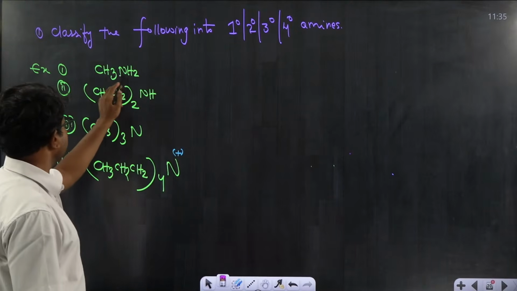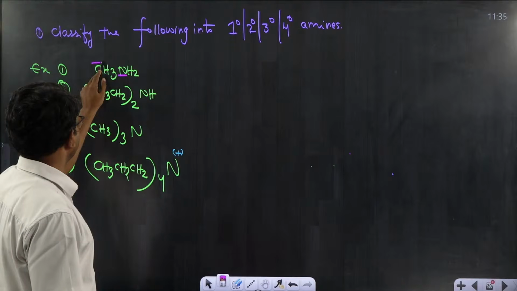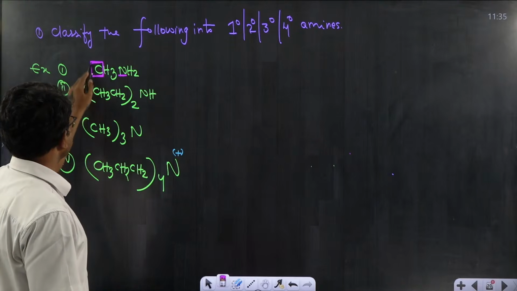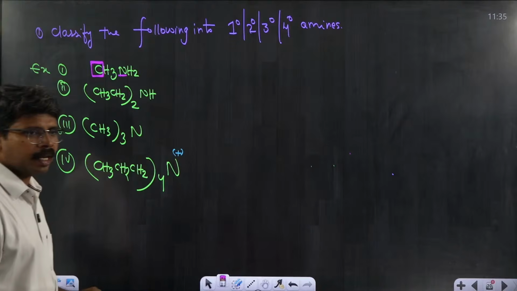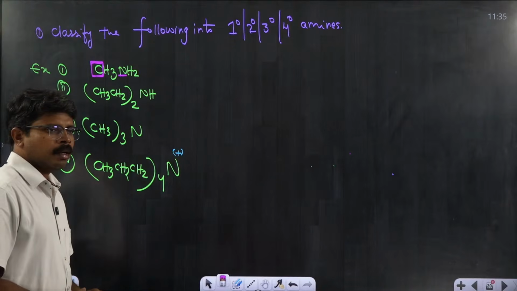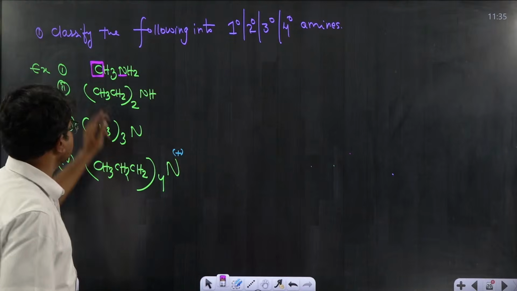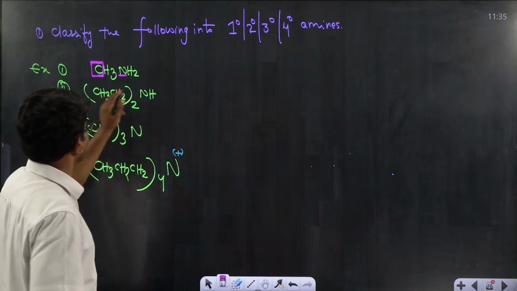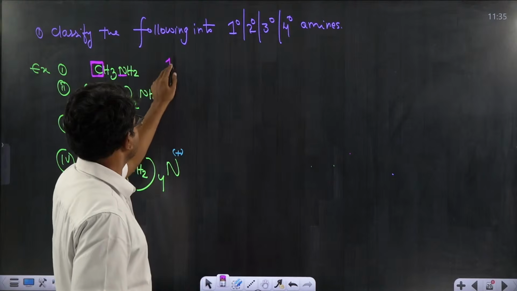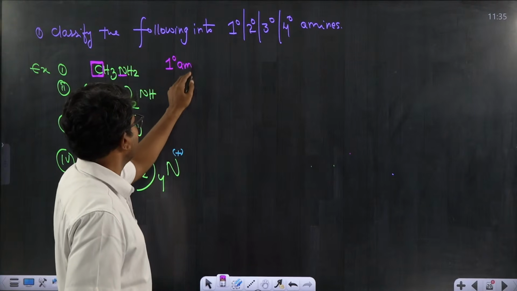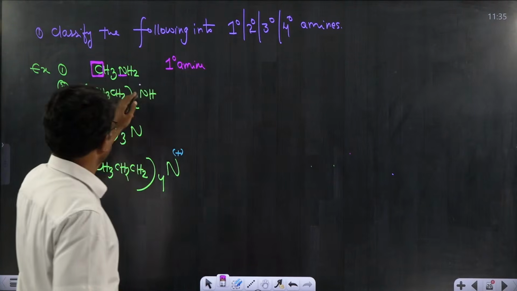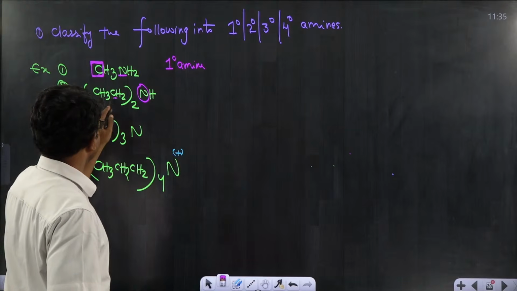Okay, here nitrogen is directly attached to how many carbons? It is in direct contact with only one carbon. Hence, this amine is considered a primary amine. Now, here the nitrogen is directly in contact with how many carbons?